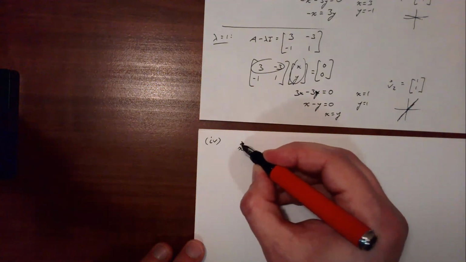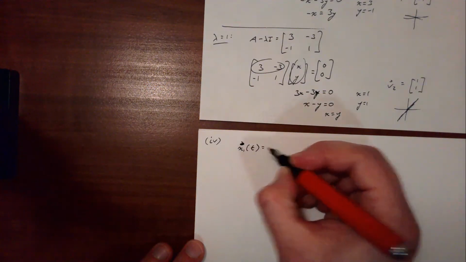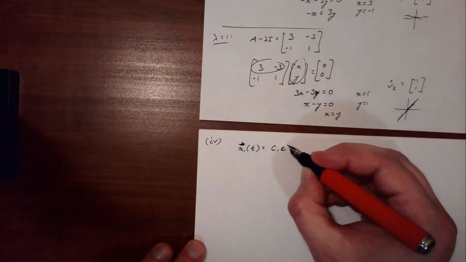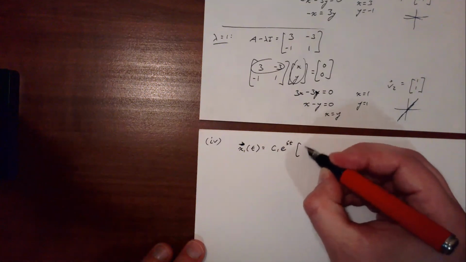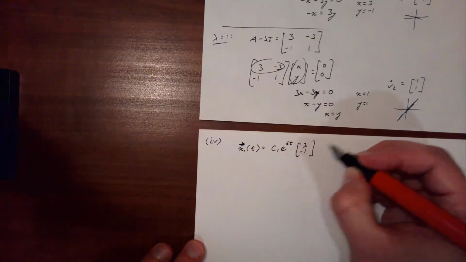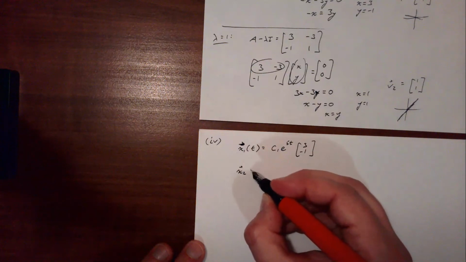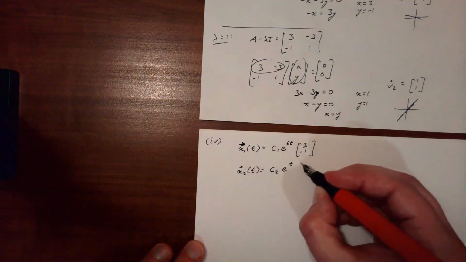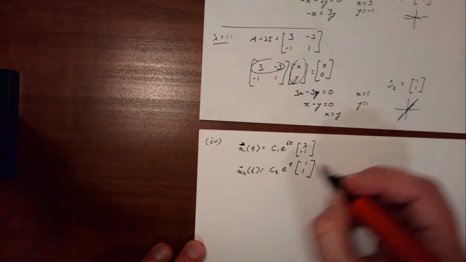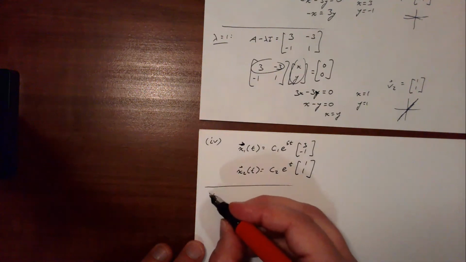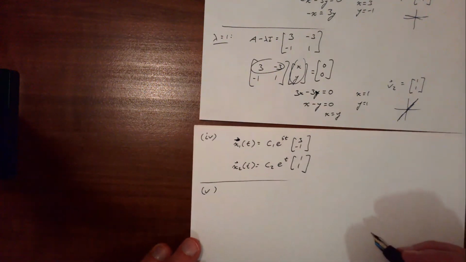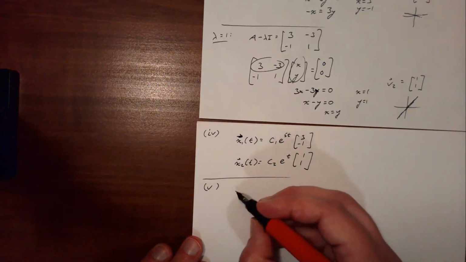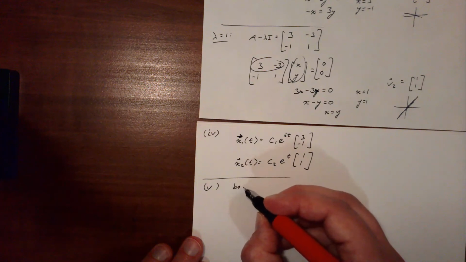So one of them is x1 of t is equal to c1 e to the 5t times 3, negative 1. x2 of t with c2 e to the t times 1, 1. 5. Classify the equilibrium. Well, they're both positive eigenvalues, and so that means that it is a source.